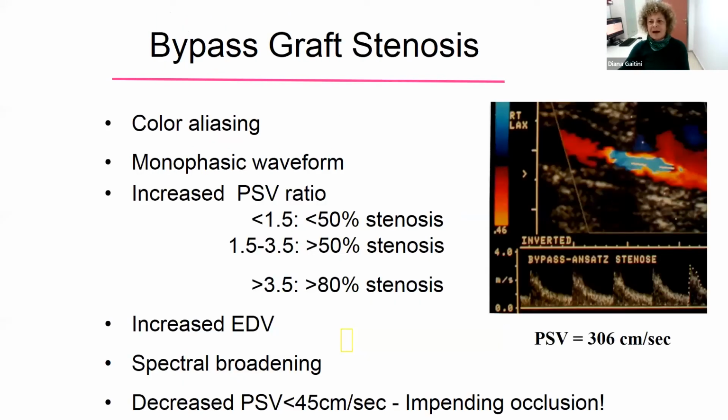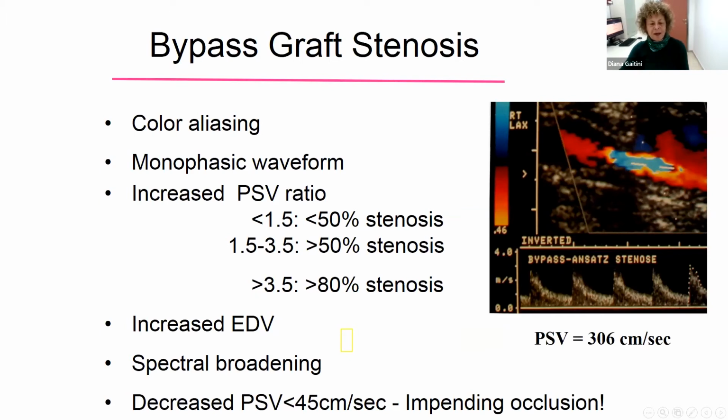When we have a graft stenosis, we will have a monophasic flow with a high peak systolic velocity, and in this case we speak about less than 50% stenosis if the ratio between the stenotic and the pre-stenotic peak systolic velocity is less than 1.5. If it is more, up to 3.5 is more than 50%, more than 3.5 is more than 80%.